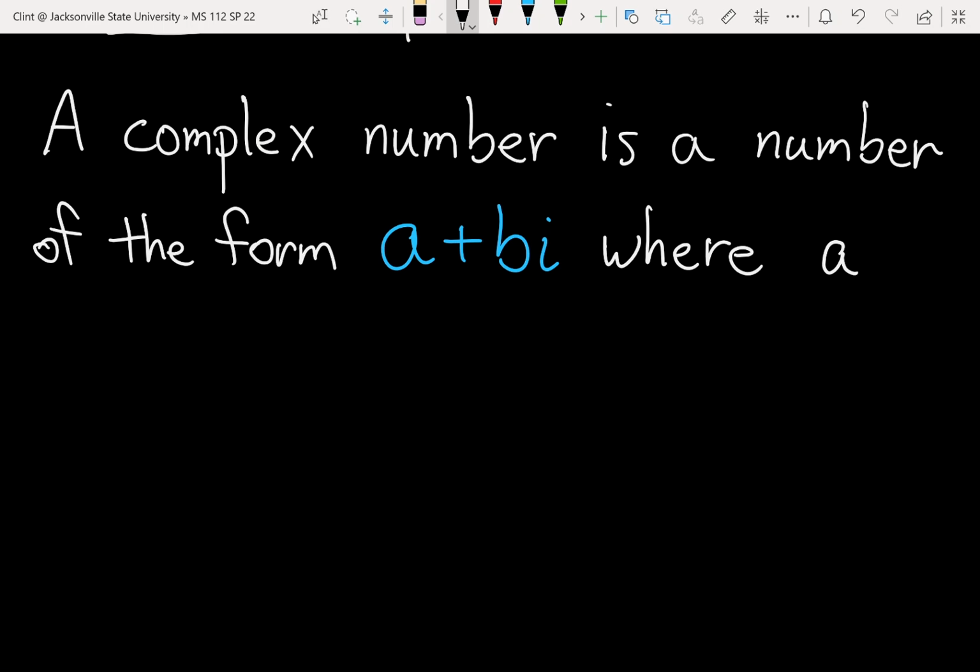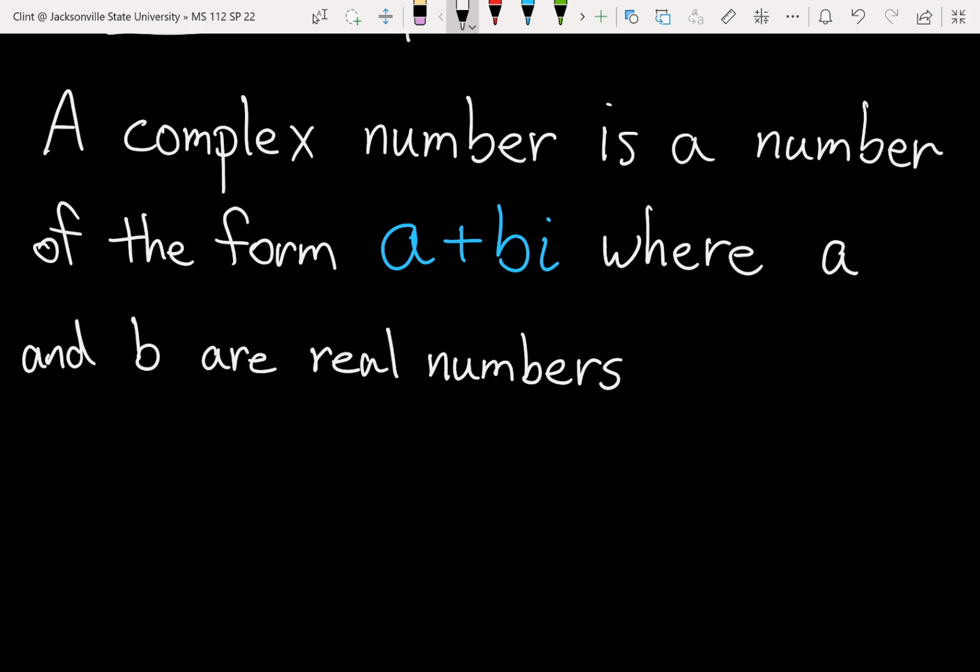So a and b are real numbers. Those are the ordinary numbers you're used to using.